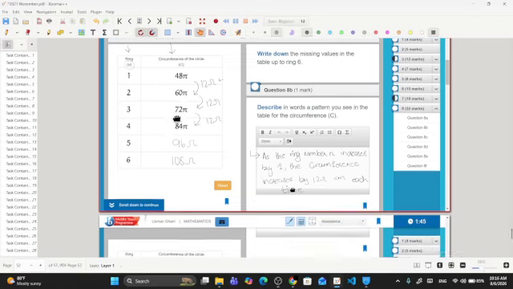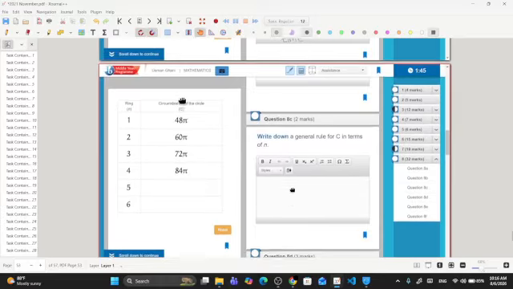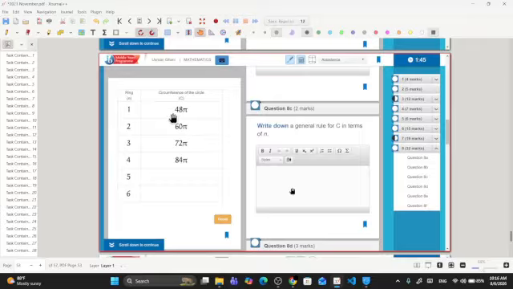Then we are being told, write down a general rule for C in terms of n. If you're talking about a common difference, the common difference is 12 pi.